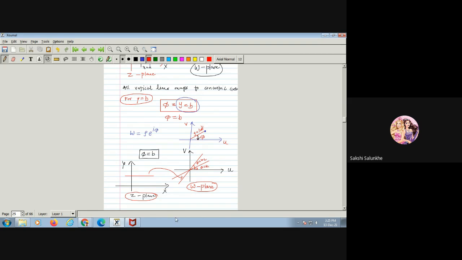Yes, sir. So all the lines parallel to the x axis are getting mapped to lines passing through the origin in the w plane. I repeat, all the lines parallel to the x axis in the z plane map to lines passing through the origin in the w plane.